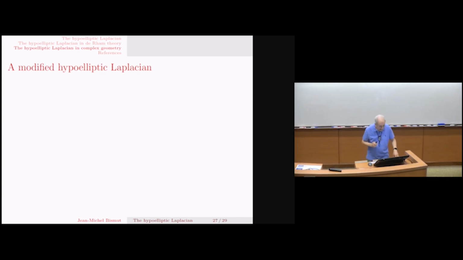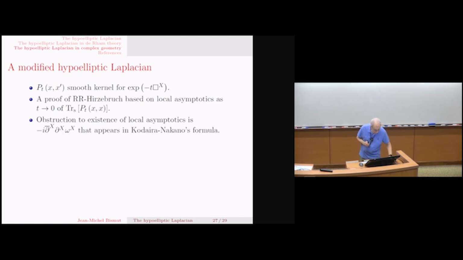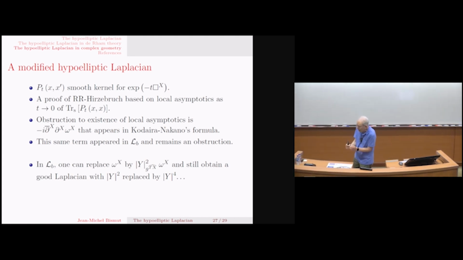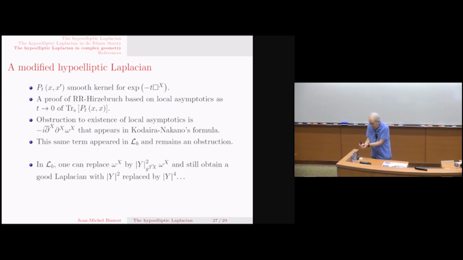Let me just explain this. I already said that in the elliptic theory, as in this non-modified hypoelliptic theory, the obstacle was a d bar x dx omega x, which appears in Kodaira-Nakano's formula. In this new hypoelliptic theory, we are now going to go quite far in the direction of taking degenerate Kähler metrics.